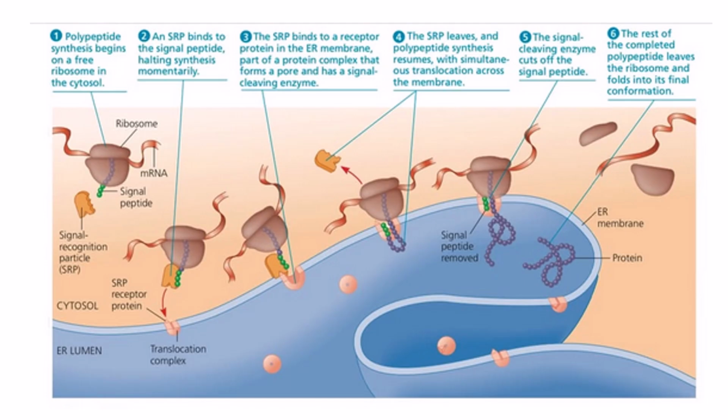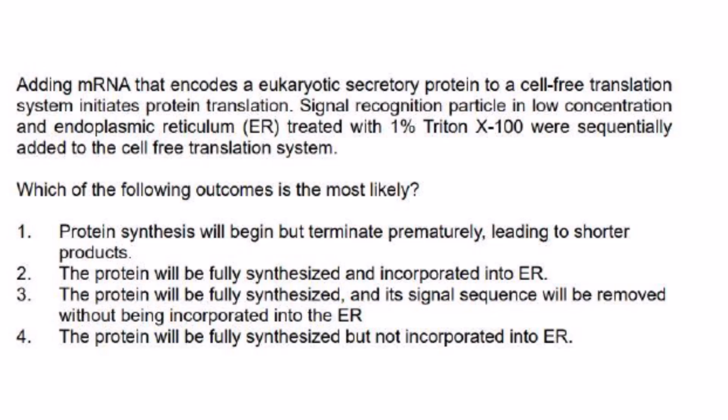Okay, that is what is happening in the endoplasmic reticulum lumen. Now come to the outcomes that they have mentioned. Before that, in the question they have mentioned the endoplasmic reticulum is treated with 1% Triton X100.